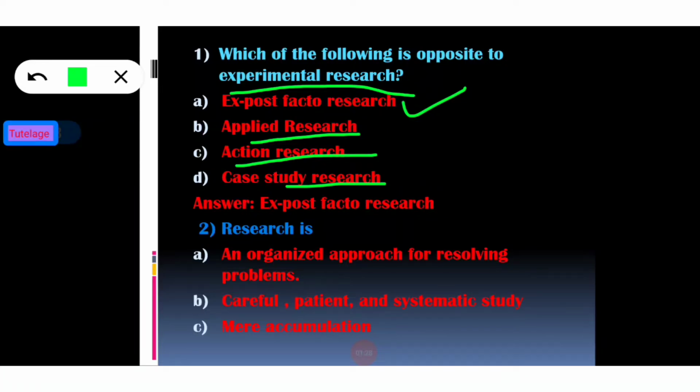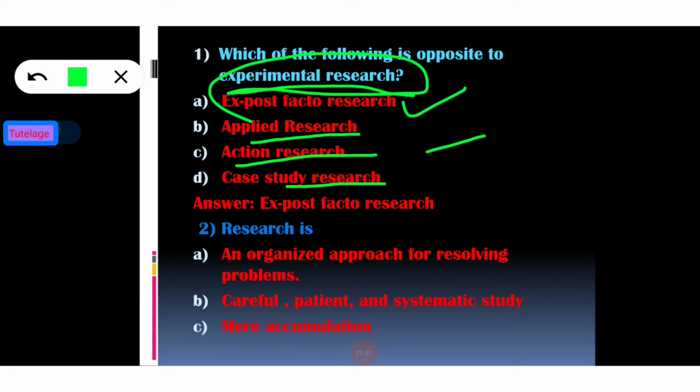Which of the following methods is just opposite to the experimental research? First we have to know what we mean by experimental research. Experimental research basically indicates the relationship between two or more variables, tested by performing experiments involving manipulation of the stimuli, environment, or an independent variable.